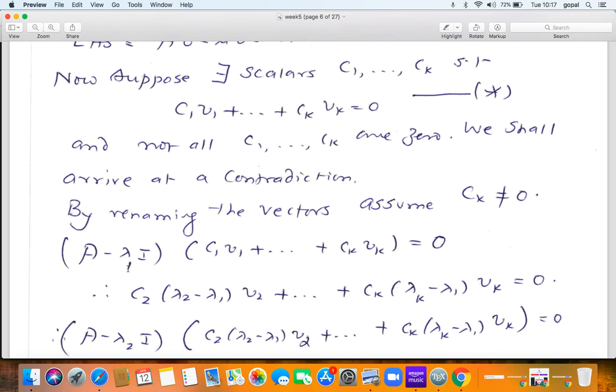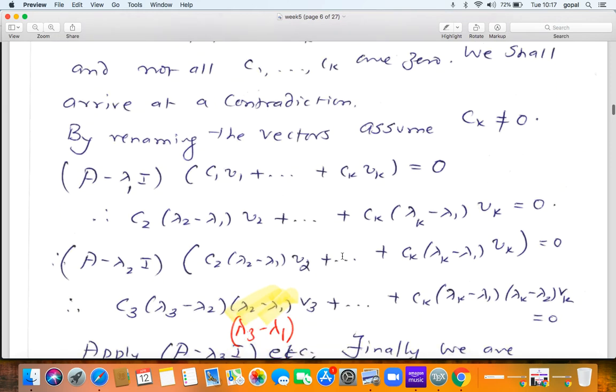A minus lambda 1 I times v2, by the simple observation, is lambda 2 minus lambda 1 times v2, and there is a c2 already. Similarly, plus ck times A minus lambda 1 I applied to vk, which is lambda k minus lambda 1 times vk, and there is a ck already. So this is a new equation I got from star, but it has a pleasant feature that v1 is out.